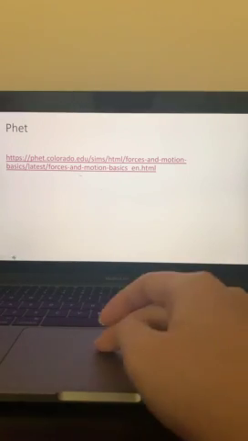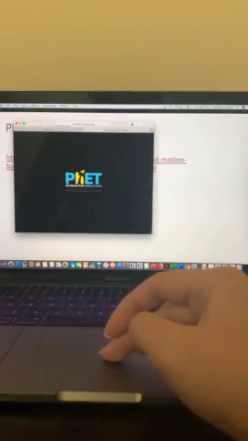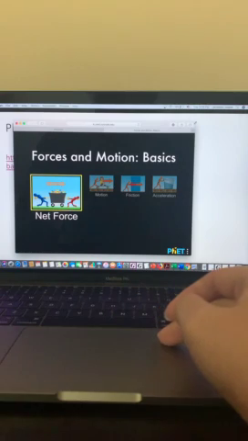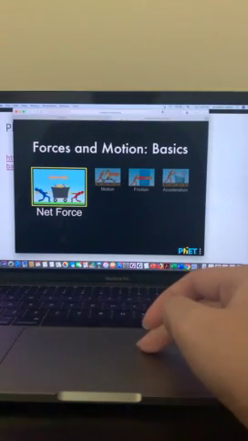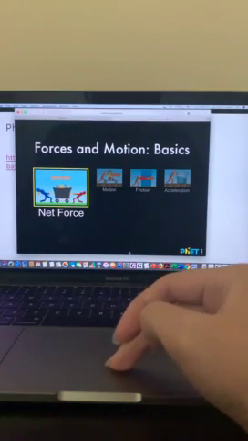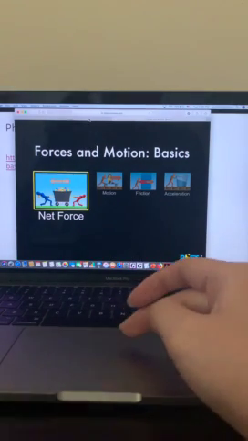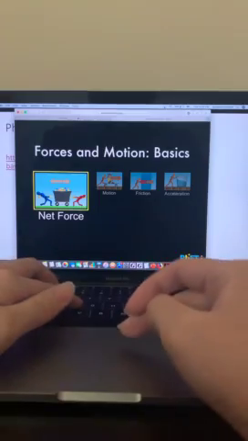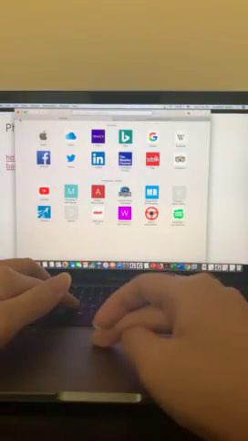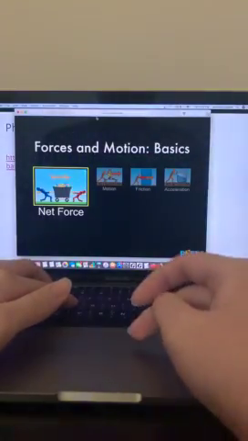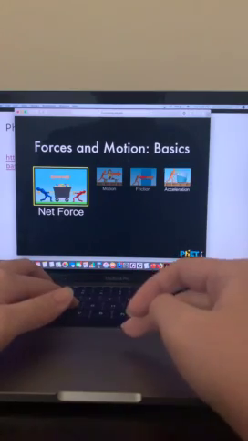Okay, so this is the PhET simulation. You can see here, you can use whatever website you want to use, but I think PhET is the best one.